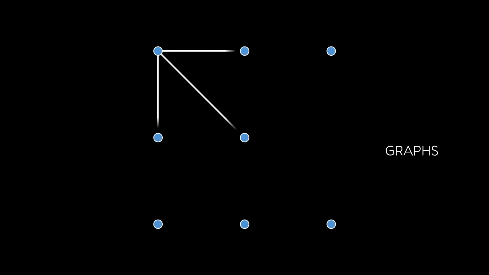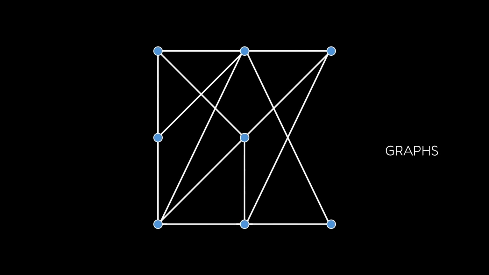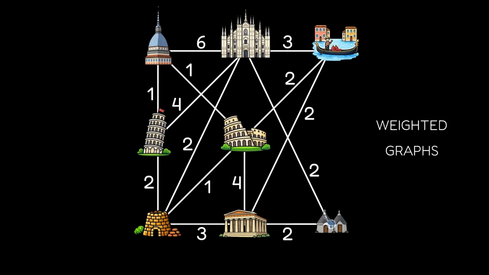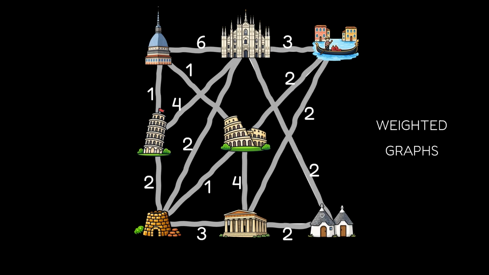The shortest path algorithm applies to graphs, that is, sets of points that may or may not be connected by edges. More precisely, it applies to weighted graphs, where each edge is assigned a value called weight. If we imagine the points as cities and the edges as roads, the weight can represent the length of the road, the travel time, or the cost of the trip.